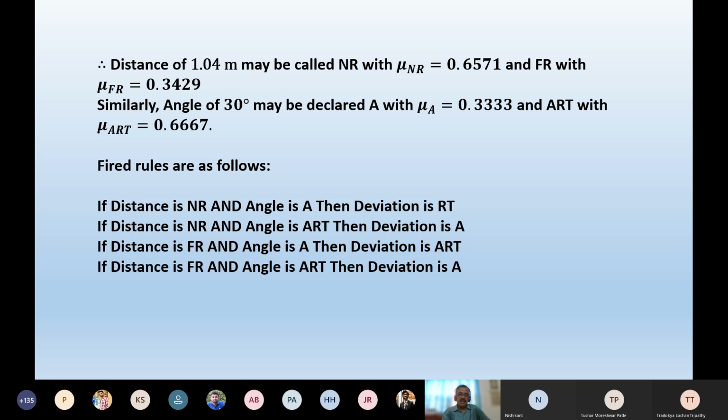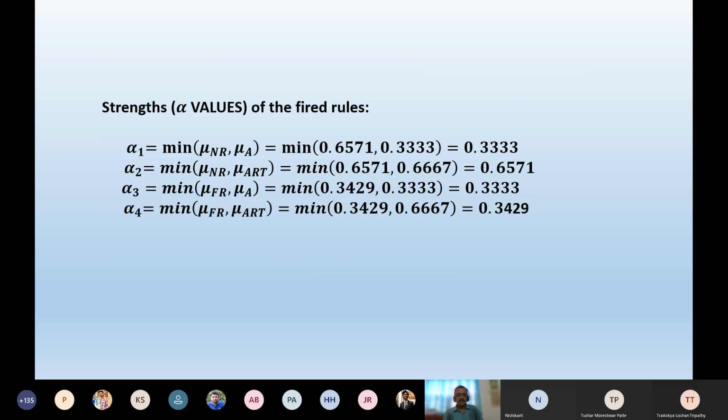If distance is far and angle is ahead right, then deviation is ahead. So these 4 rules out of 20 are going to be fired corresponding to the set of input parameters, that is distance equals 1.04 and your angle equals 30 degrees. I think I am clear to all of you.